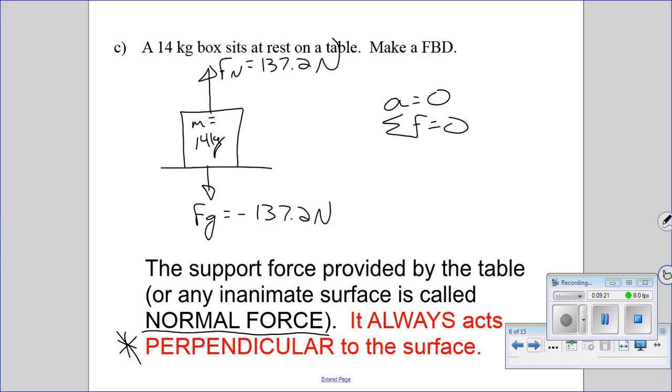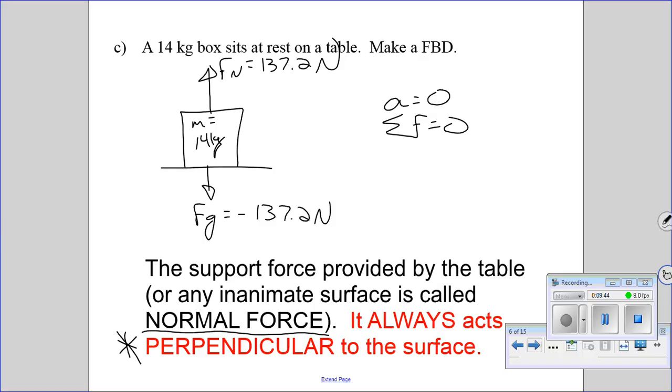At this point, this seems like a really simple idea, but it's totally something that messes people up. So let me say a couple things. First of all, it doesn't always point straight up. It does as long as it's sitting on a flat horizontal surface. And here's the thing that messes people up. It doesn't always equal the force of gravity.